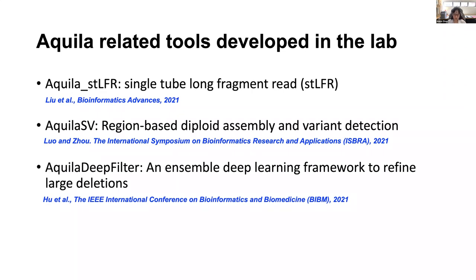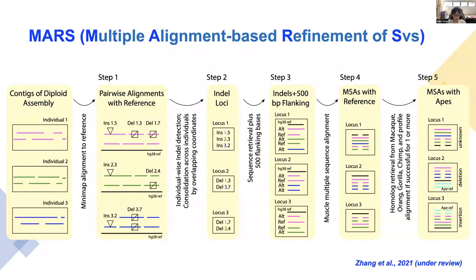So how can we not sacrifice the sensitivity of the variant calls, but still increase precision, by removing those false positive calls? We introduce this deep learning framework, which can refine the large deletions in both short reads and linked reads.